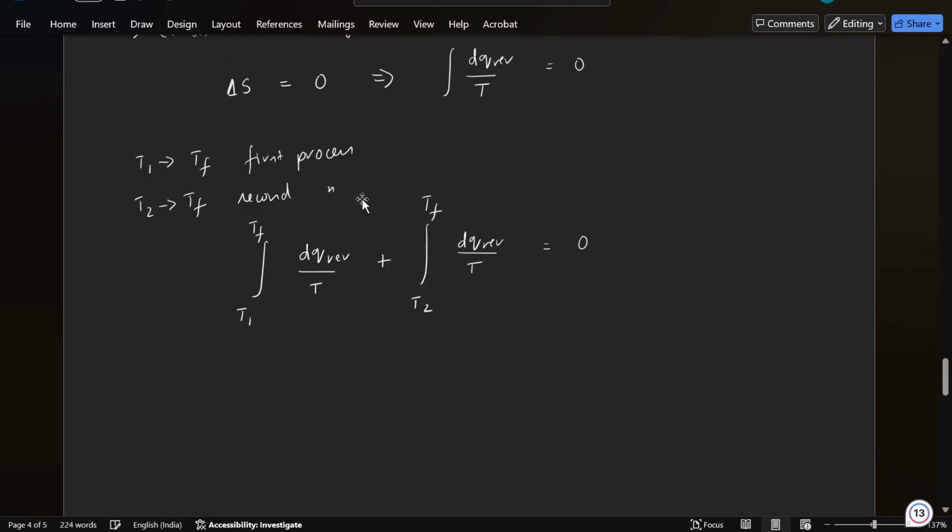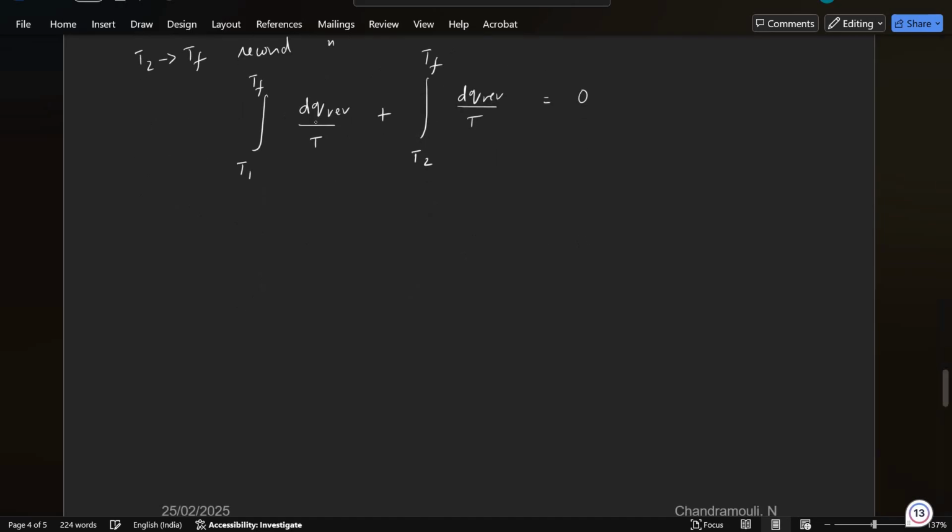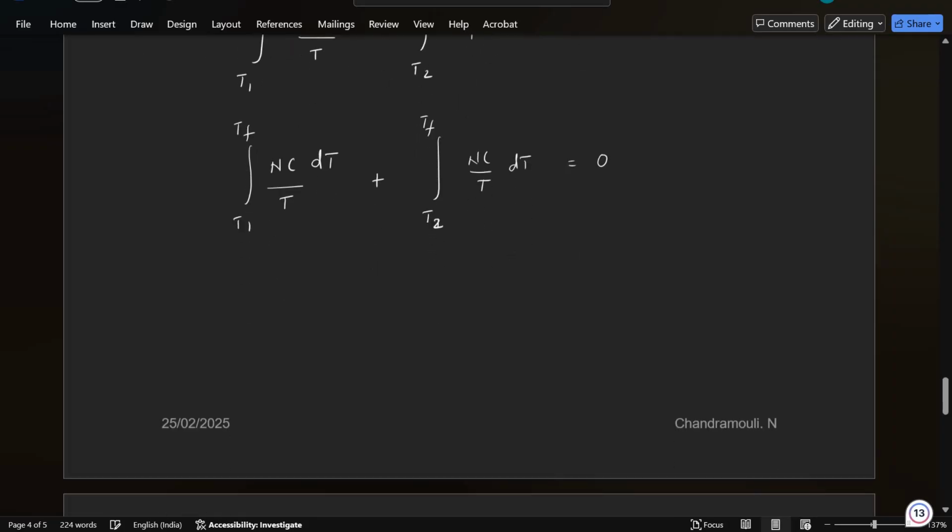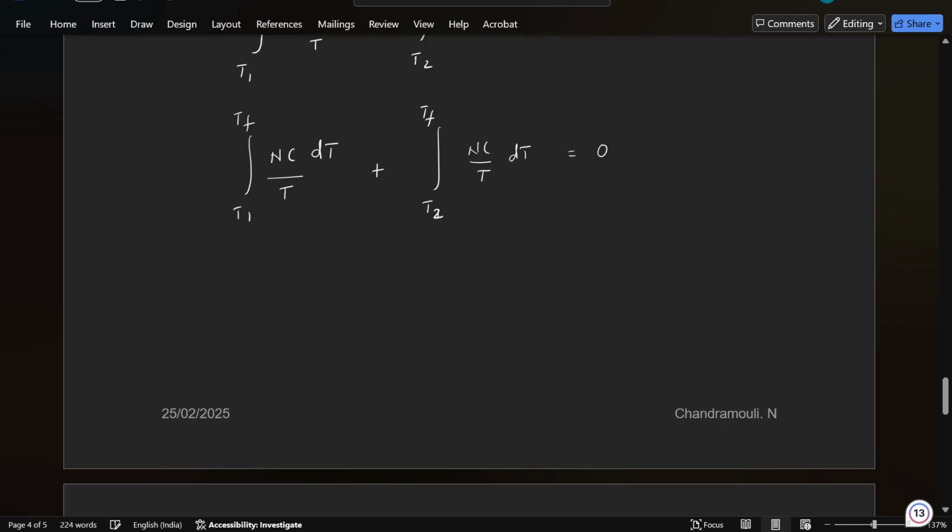So then we can just simplify this. We already know what dq is, which is NC dT, correct? T1 to Tf. Same thing over here as well, T2 to Tf, then NC by T dT, which is equal to 0, correct? So now we'll just do this integral quickly.